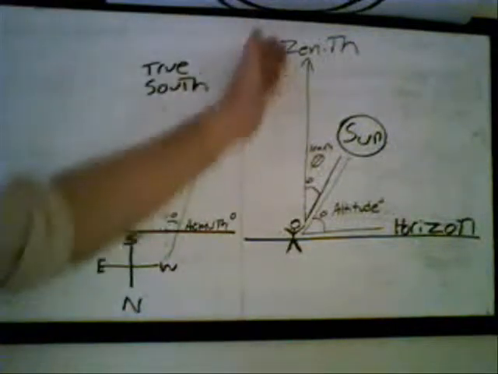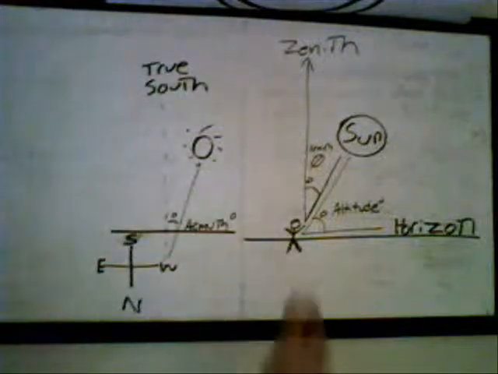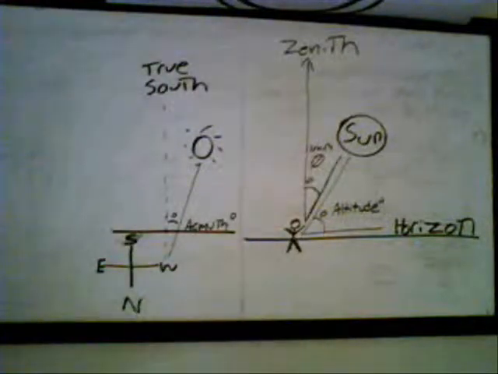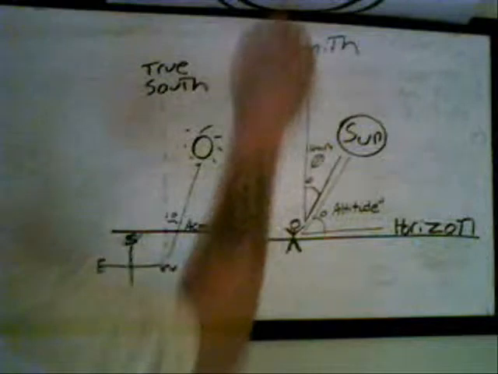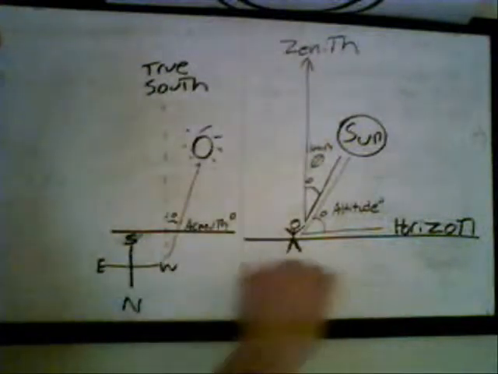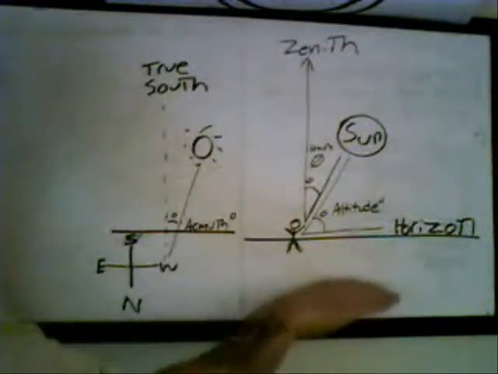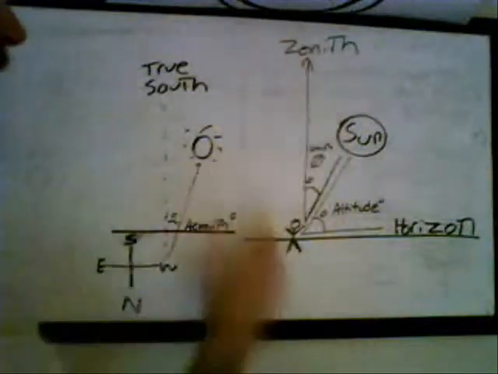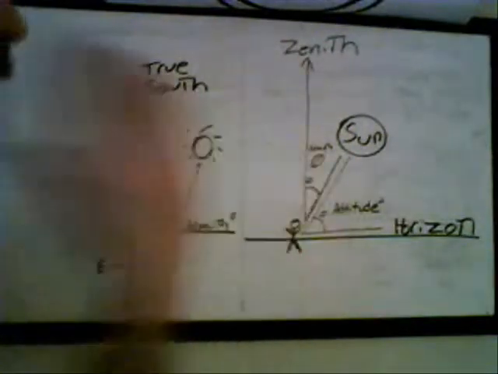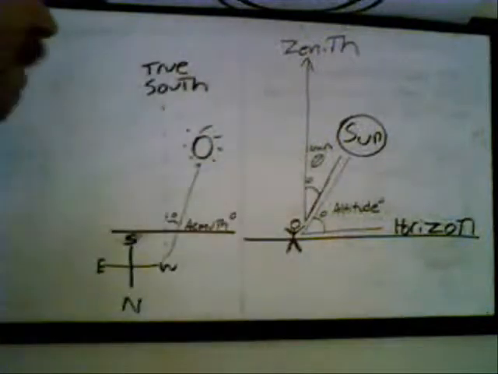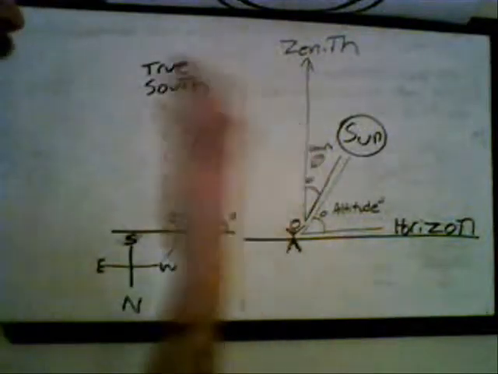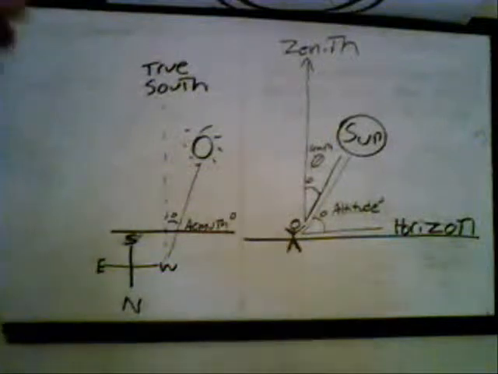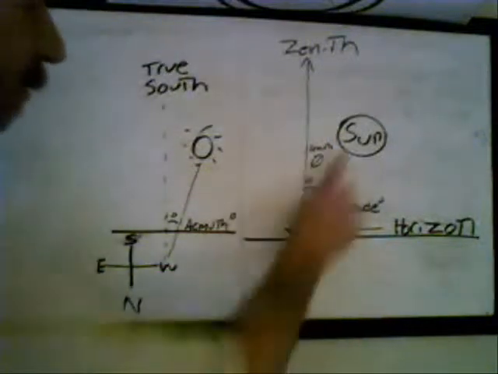Okay, the next one is the zenith angle. The zenith itself is the point in the sky directly above where you are, 90 degrees from the theoretical flat surface of the earth. That's 90 degrees, that's the zenith. The zenith angle is the angle between that point and the sun, as it refers to this angle right here.